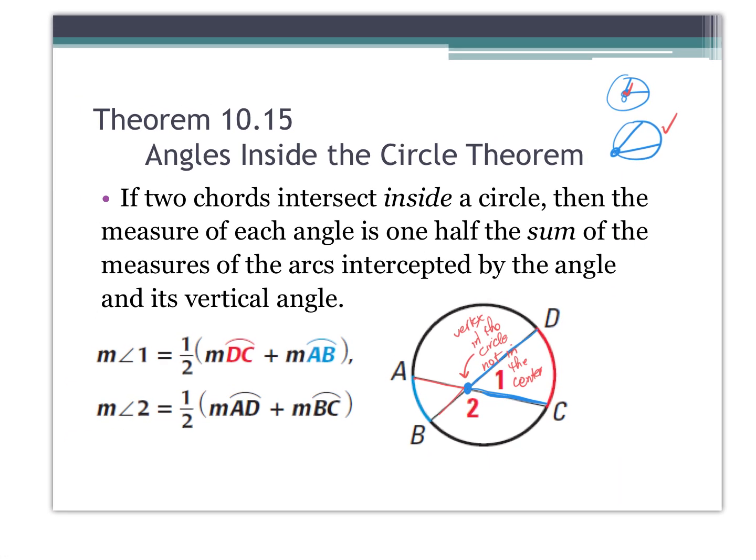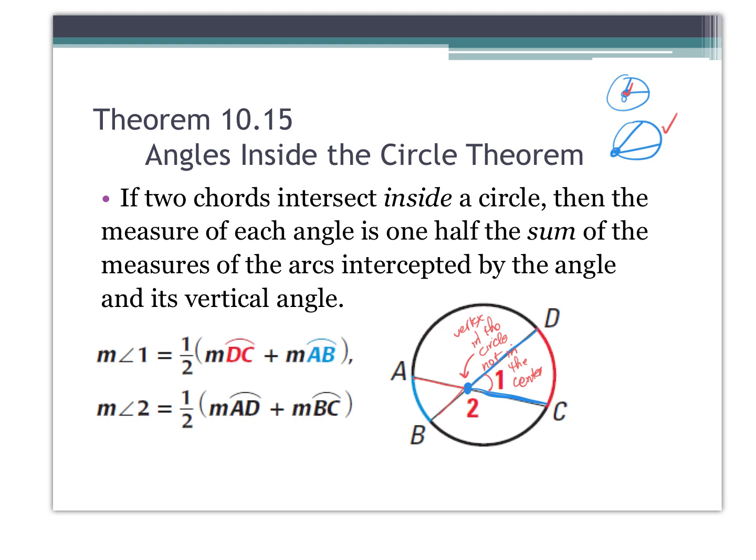Well, the angles inside the circle theorem says that if two chords intersect inside the circle, then the measure of each angle is 1/2 the sum of the measures of the arcs intercepted by the angle and its vertical angle. So that's a lot to read. All it's saying is this.